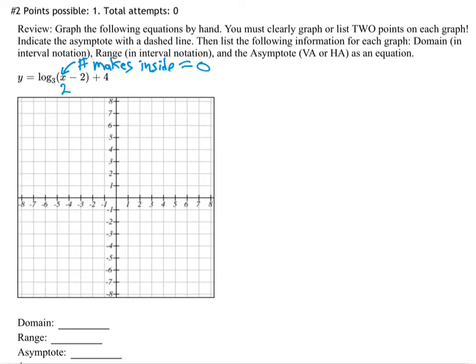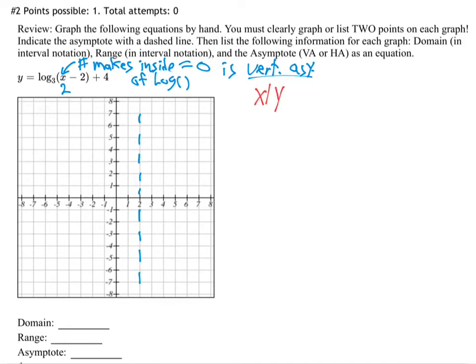So what number? That'd be 2, right? If you plug in 2, it'll make the inside of the log parenthesis equal 0. The number that does that is the vertical asymptote. So that's going to be at 2. There's the vertical asymptote. That's important to find.